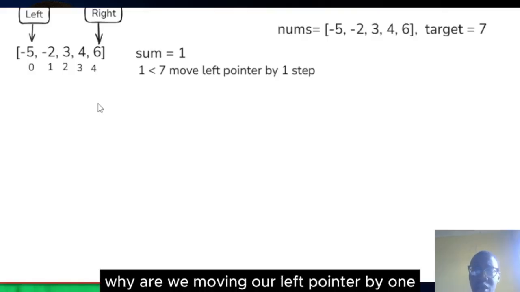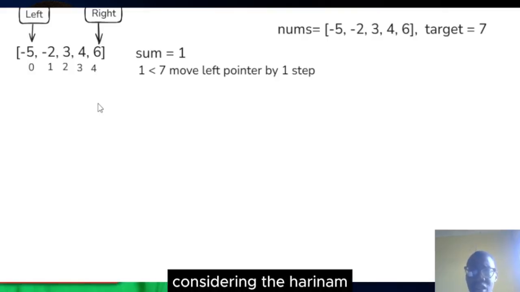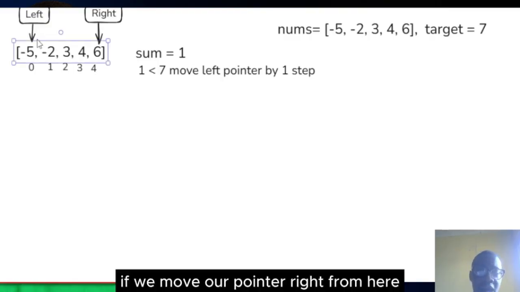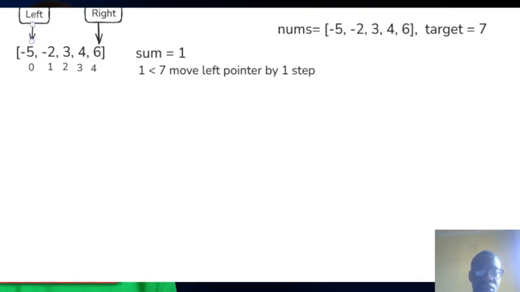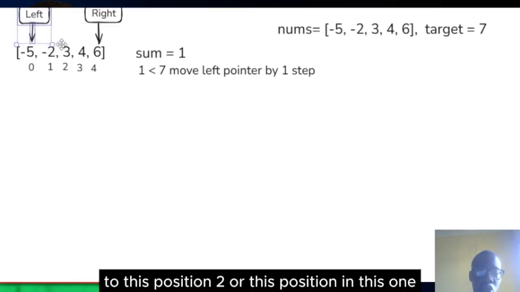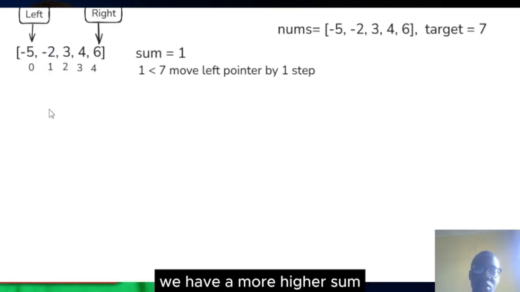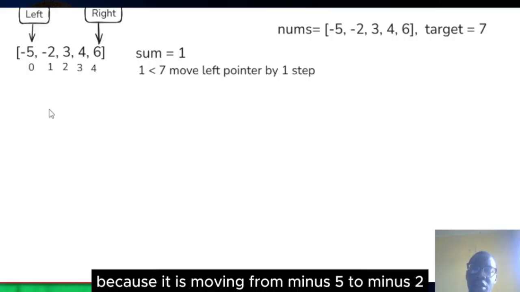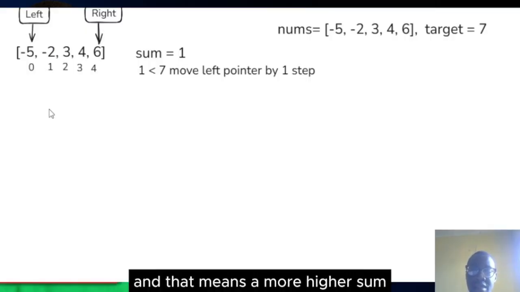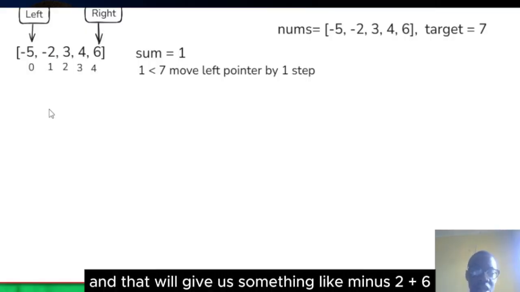Why are we moving our left pointer by 1? Considering the array now, if we move our left pointer by 1, do you know what will happen? We will have a larger sum. If we move our pointer right from here to this position 2, or this position index 1, we will have a higher sum because it is moving from -5 to -2, and that will give us something like -2 plus 6.